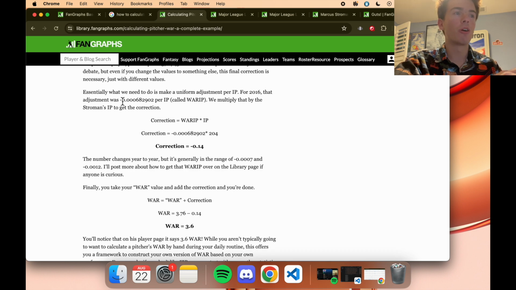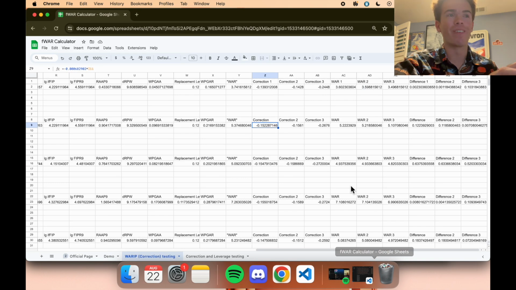The value for Stroman is not in that range. It's lower. Or actually, it's greater. Sorry, it's greater than negative 0.0007. So that's just funny, and could be more potential for going crazy with this. But yeah, correction 1 using only the Stroman WARIP.